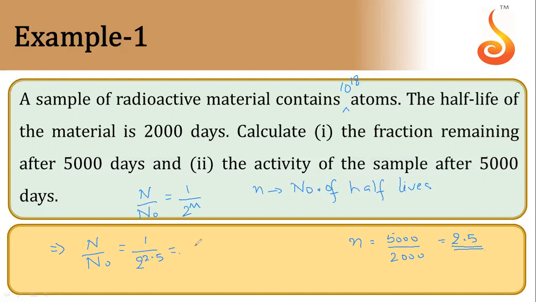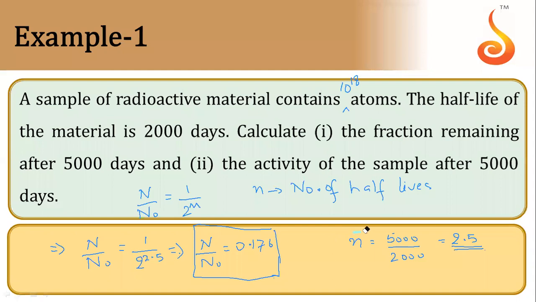Calculate this, and you will get N by N naught is equal to 0.176. N by N naught is the fraction which is remaining after 5000 days. So that answer will be 0.176.